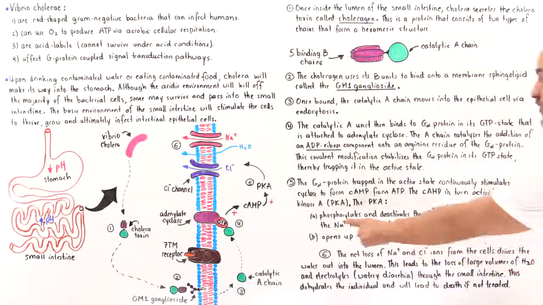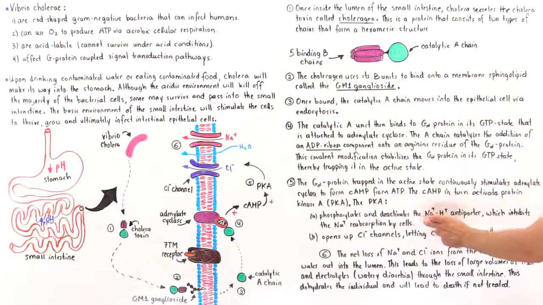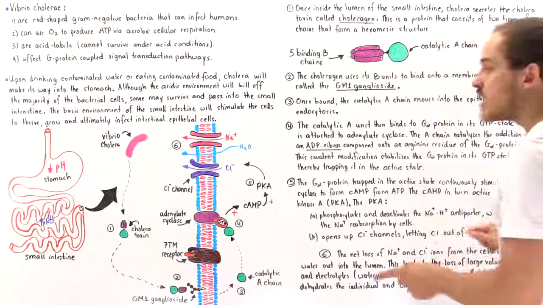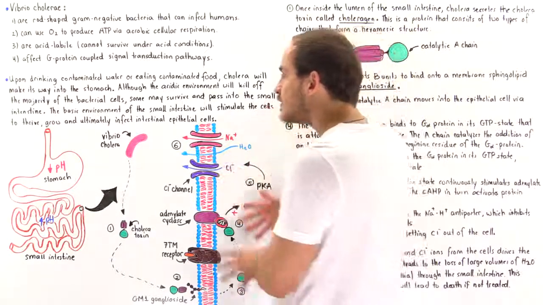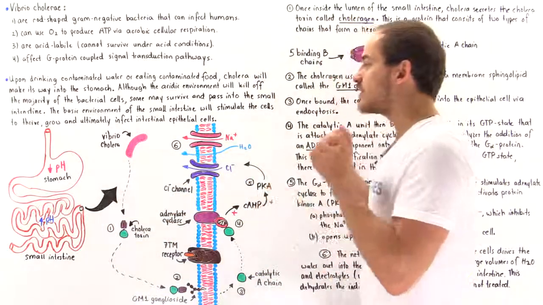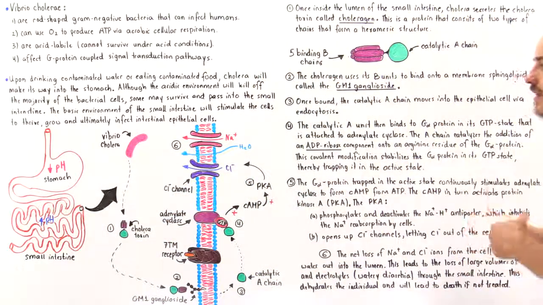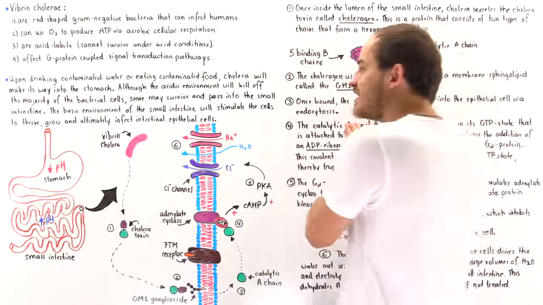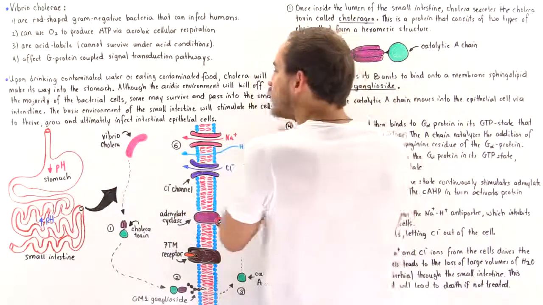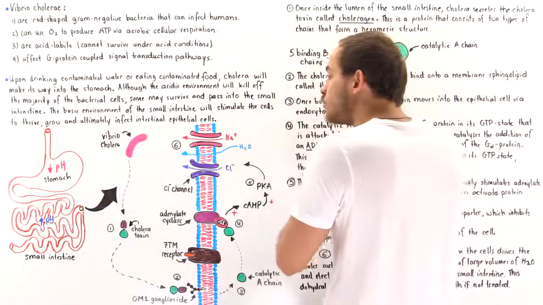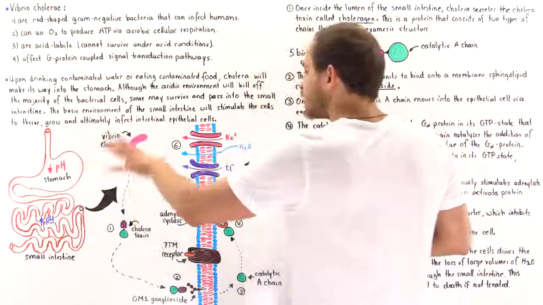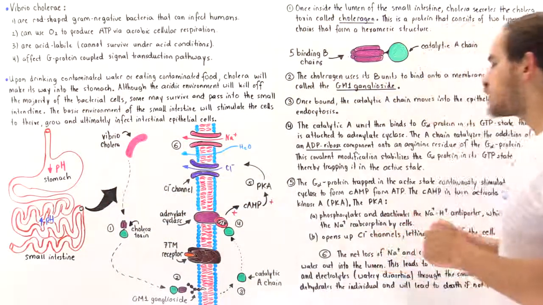Because PKA phosphorylates and deactivates the sodium-hydrogen antiporter system, this basically inhibits the ability of these intestinal cells to reabsorb that sodium back into the cell. And so what that means is there's a net flow of sodium outside of the cell, and the cell loses sodium ions to the lumen of that small intestine.